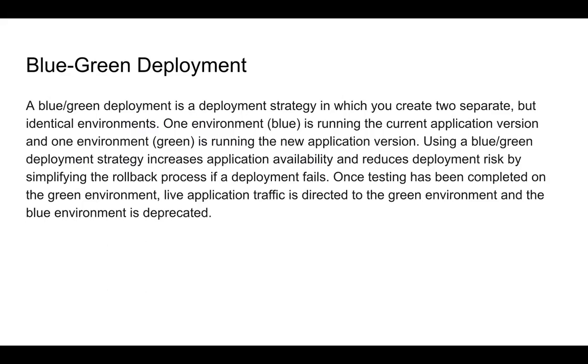Using a blue-green deployment strategy increases application availability and reduces deployment risk by simplifying the rollback process if a deployment fails. Once testing has been completed on the green environment, live application traffic is directed to the green environment and the blue environment is deprecated.